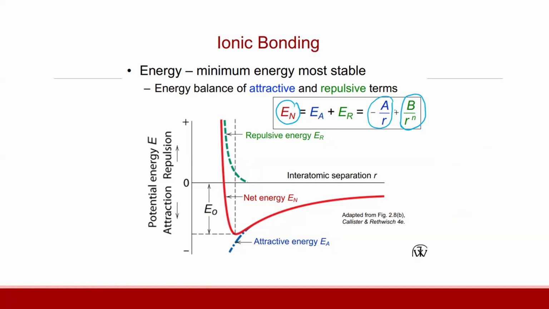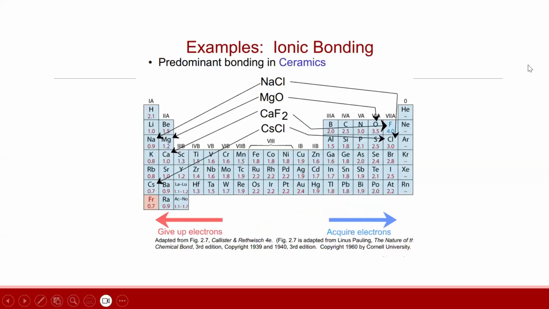If you consider one positive and one negative, because the direction is opposite, you have two energies. When you add them together, you find the total energy. When this total energy is at a minimum, the corresponding R value is the most stable distance between the two atoms, which is R naught. We are going to find it in the tutorial class.